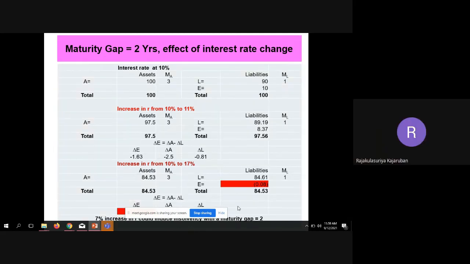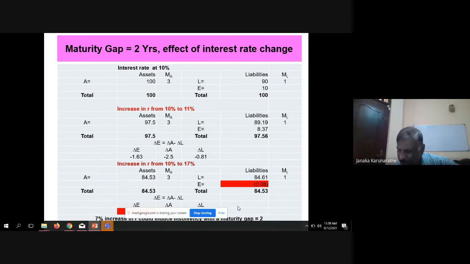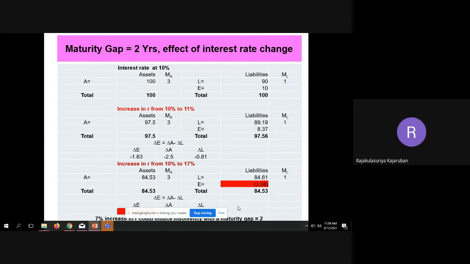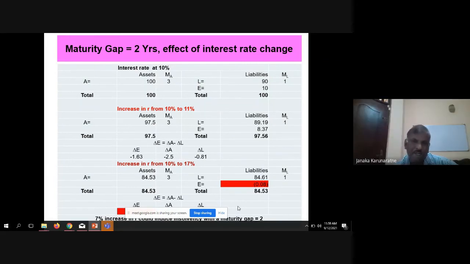If the maturity gap is large, is it conducive? If it is more and more, is it something very good for the bank, for the industry? From an interest rate point of view, not good.